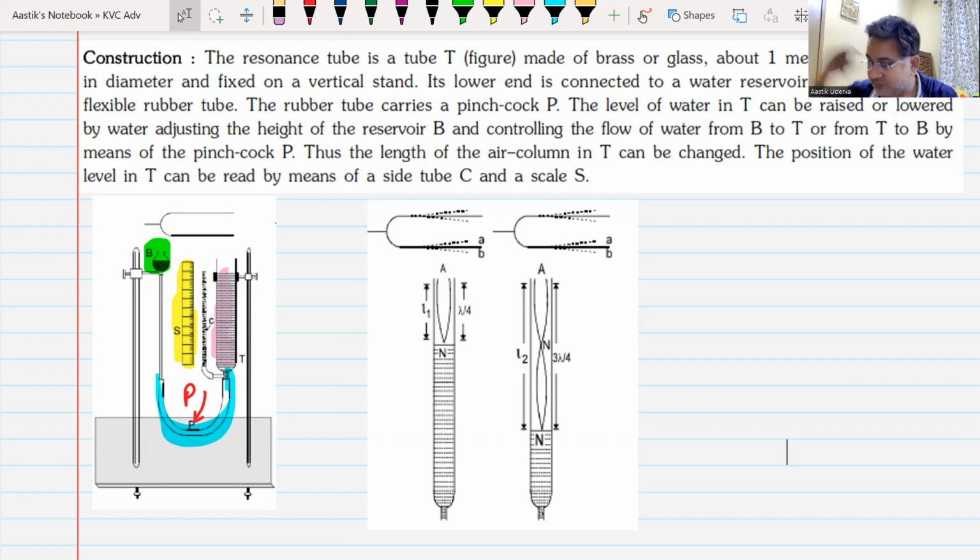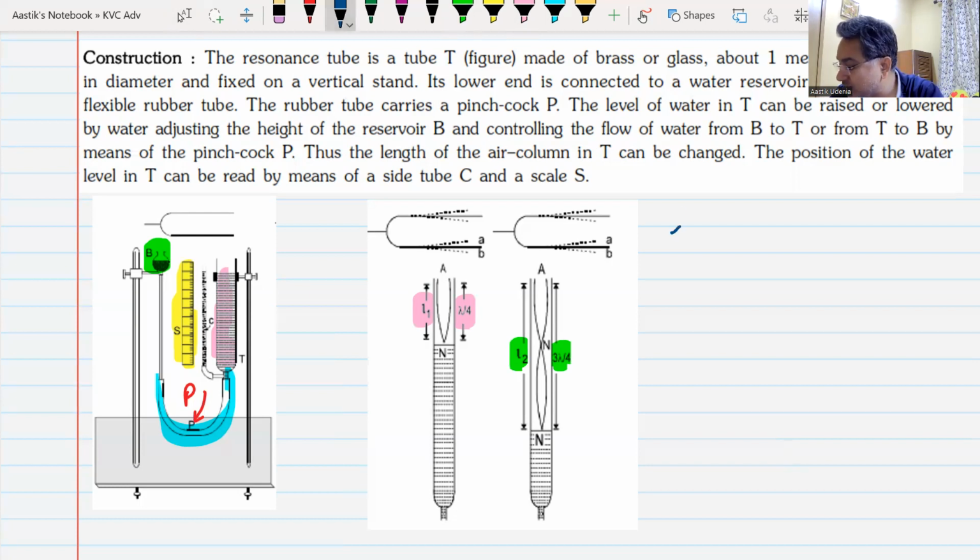Now, if the resonance for the first case happens at length L1, this is how the wave is going to be set up. Then I change the level of water and I find the second loud sound that I heard. That is the second overtone that is produced.